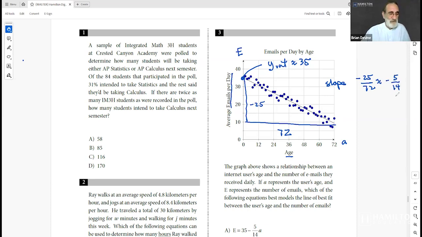It's about that. So I have a negative slope. I've got a y-intercept around 35. So I should have something like y equals negative 5 over 14a plus 35, something like that. So we'll scroll down here and see what we got.